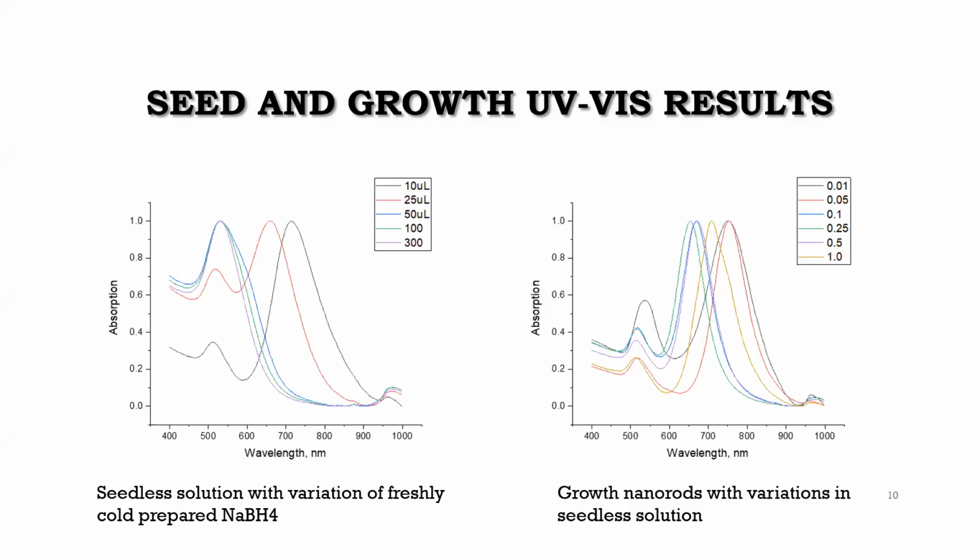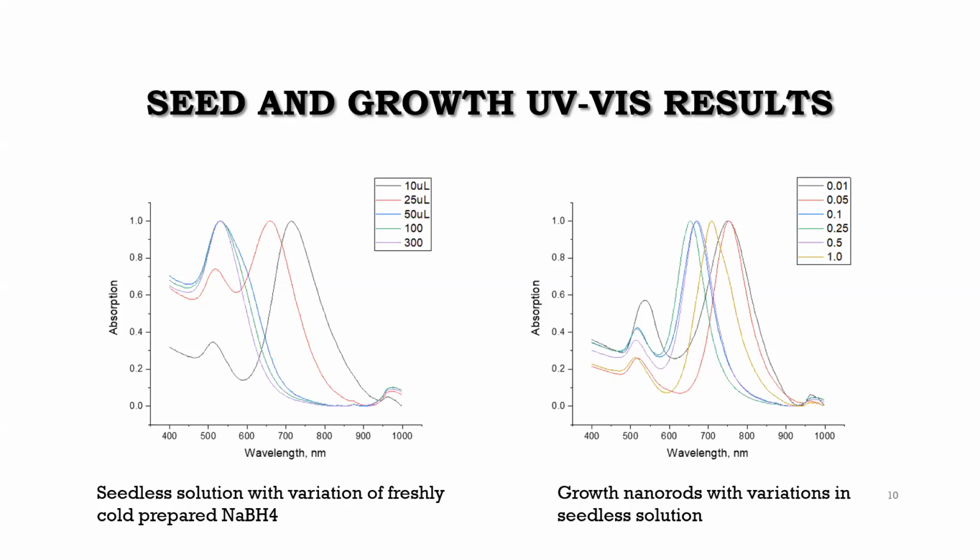From addition of 50 microliter and up, nanorods will no longer form since there's no sign of longitudinal peak around 780 nanometer. Instead, strong transverse peaks were shown at 512 nanometer, indicating spherical particles.